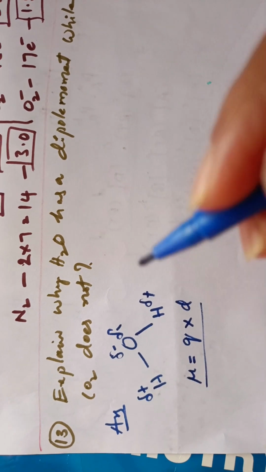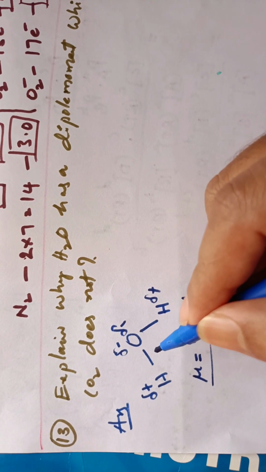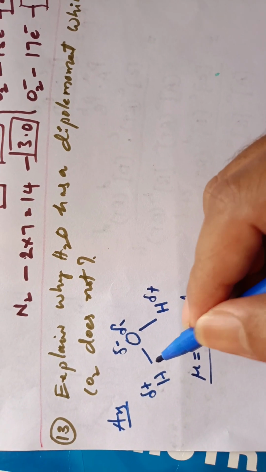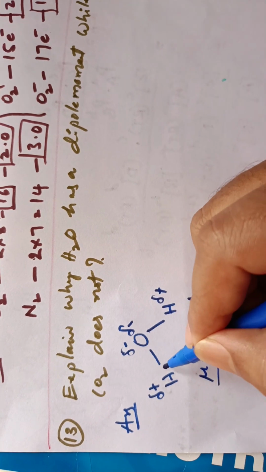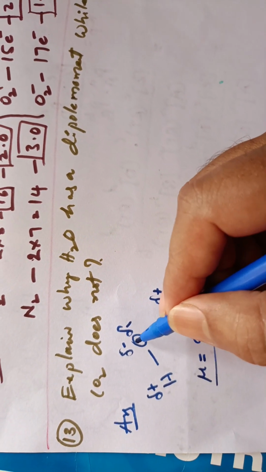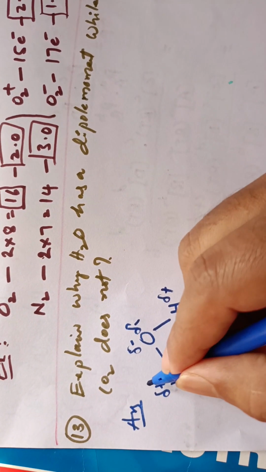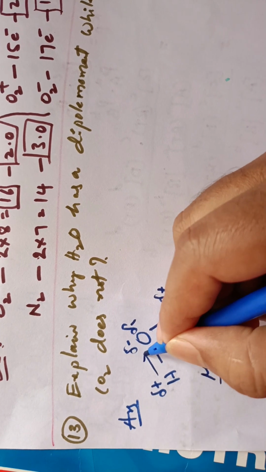And one more thing, dipole moment is a vector quantity. That means it has direction also. Direction means this bonded electron pair is pulled in this direction towards oxygen. So dipole moment is in this direction.